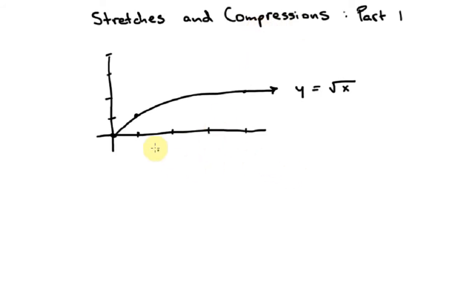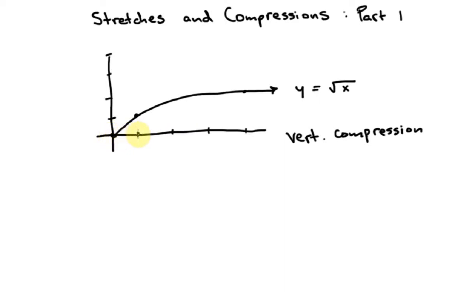So my first description is a vertical compression. All that means is that you're taking vertical distances, like this distance here. By the way, the distances we're talking about are from the x-axis, so it's all relative to the x-axis.